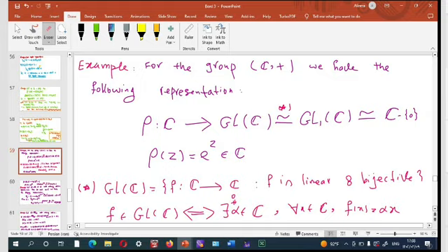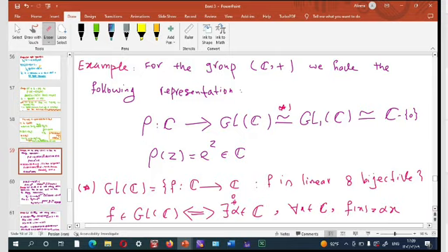Please note that GL(C) equals the set of all F from C to C such that F is linear and bijective, linear and one-to-one. So F belongs to this space if and only if there exists a non-zero complex number alpha such that F of x equals alpha multiplied by x.